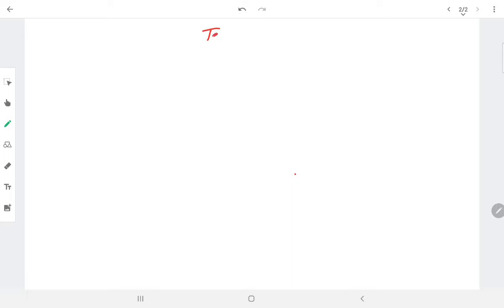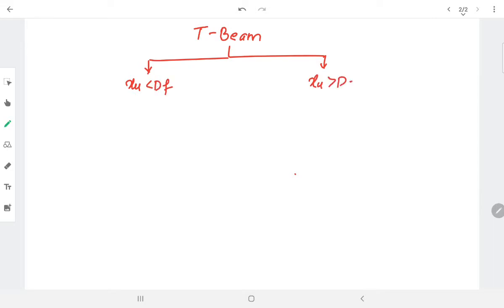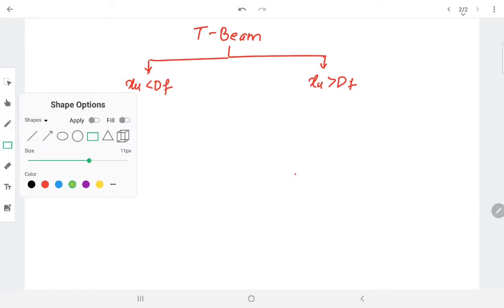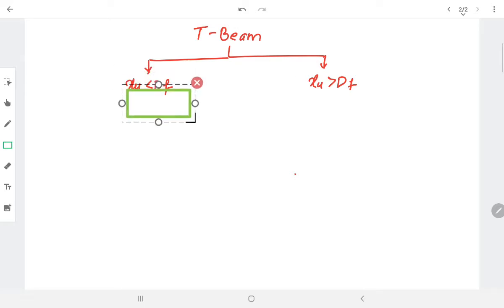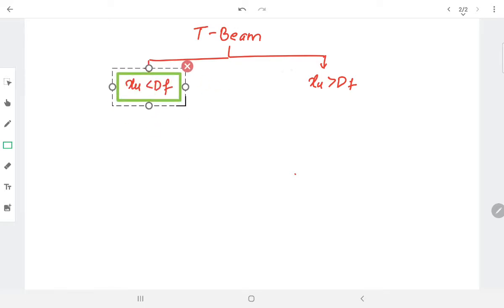If it is a T beam, as I said, there are basically 2 types. One is xu less than df and the other is xu greater than df. There are 2 conditions that may arise, one is less than df, another one is greater than df.